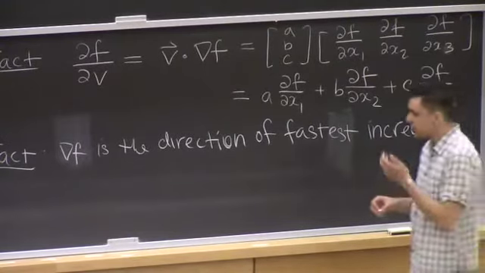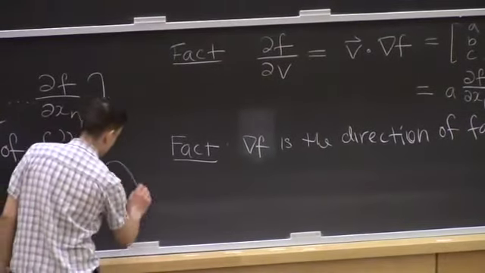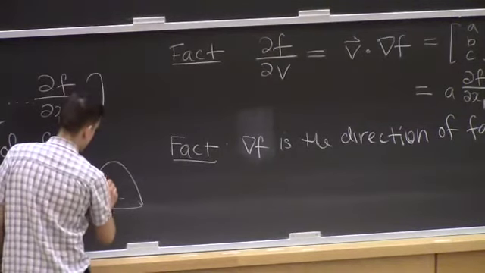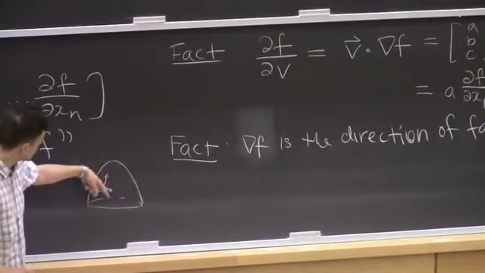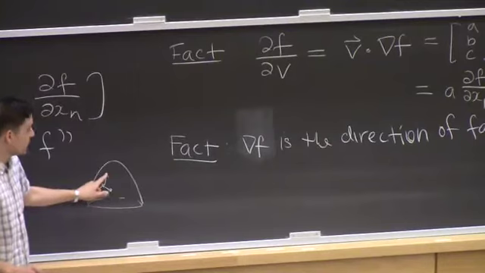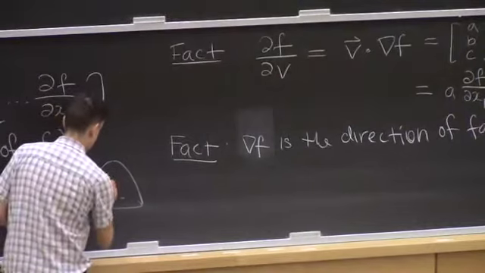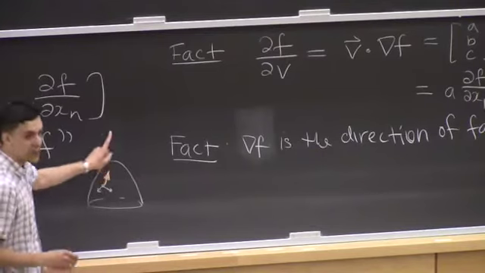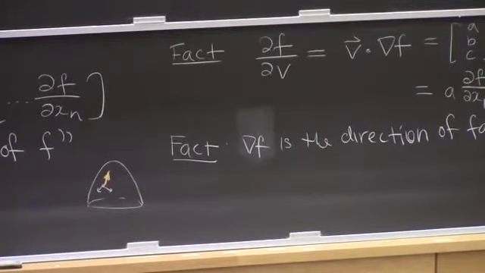Okay, so what does that mean? If we had some 3D surface, we could have many, many directions at any point. We could have many ways of approaching this guy. And the gradient vector always points towards the direction of fastest increase. Okay, so the way that we make our function as large as possible, as fast as possible, is by following the gradient vector. Why does this happen?